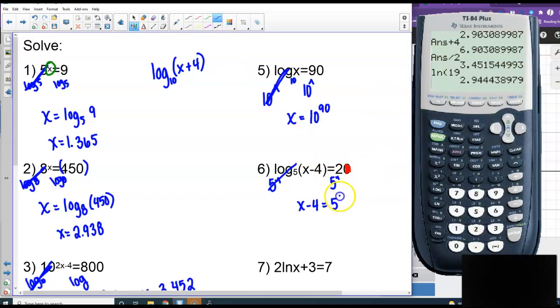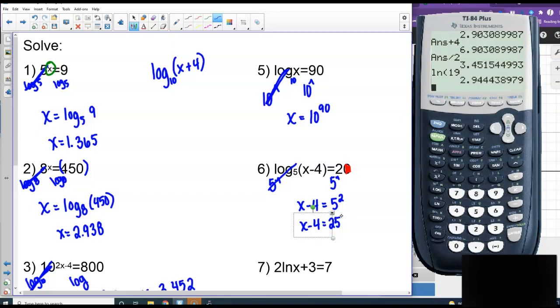I should have fixed that on these notes. Let's pretend like it was just 2 and not 20. So if I've got 5 to the second, that's just going to be 25. So x minus 4 equals 25.